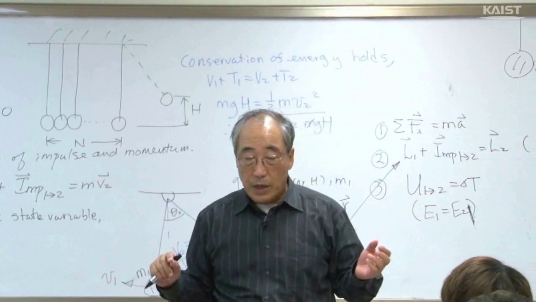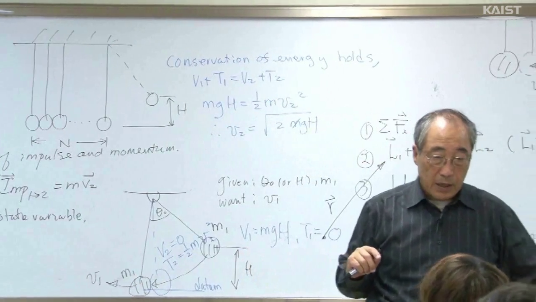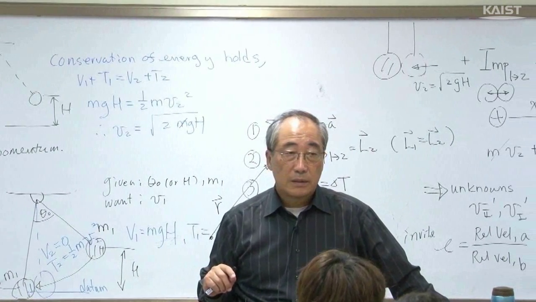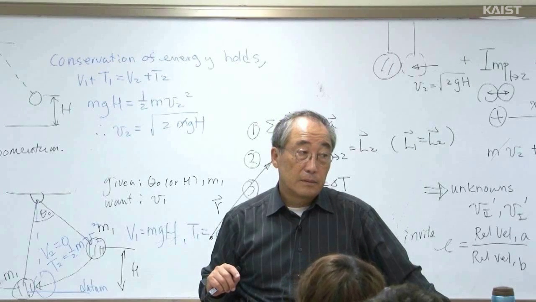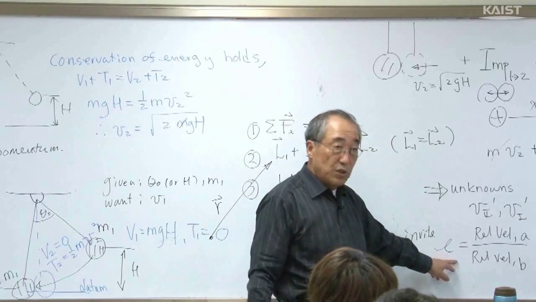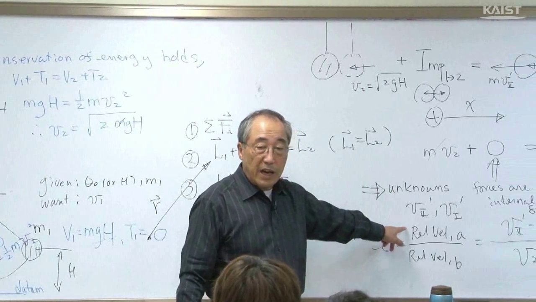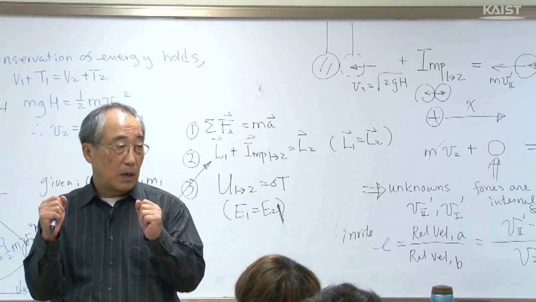What does it mean by E equals 0? Plastic impact, right? What does it physically mean? Okay, back to this definition. E equals 0 means the relative velocity after impact is 0.